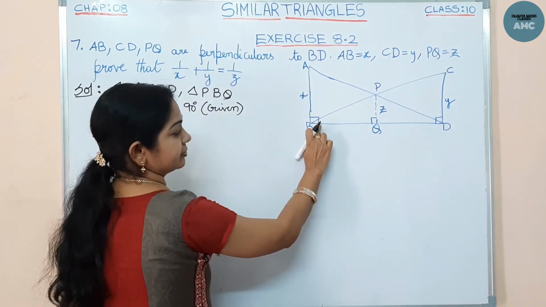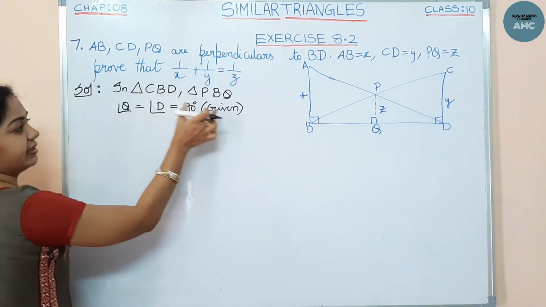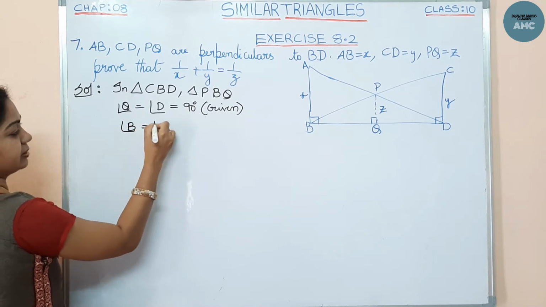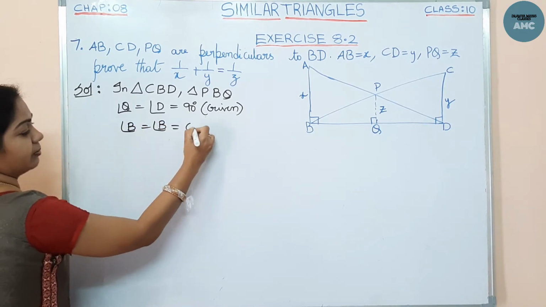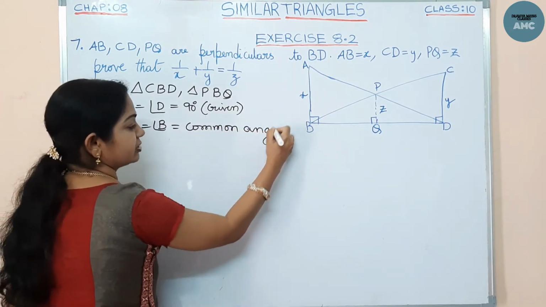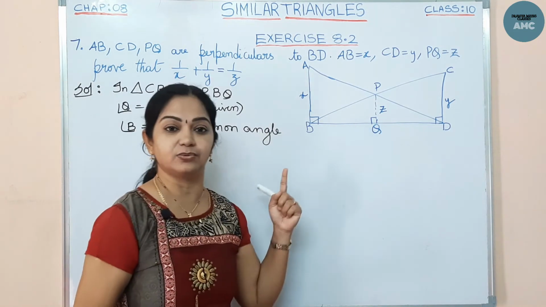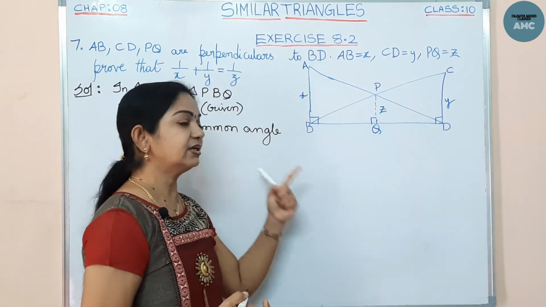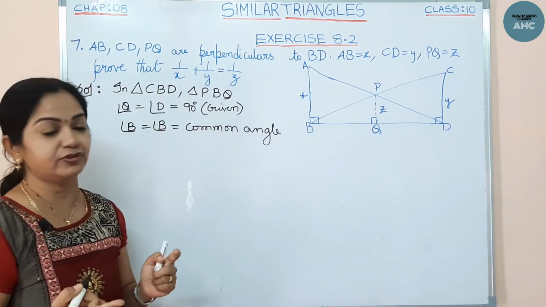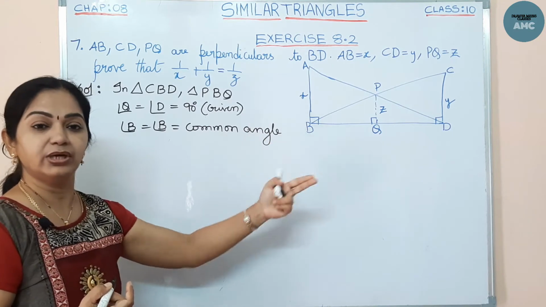Right. Now this angle B is common to both the triangles, the CBD triangle and the PBQ triangle. Angle B is common to both the triangles, right? So two angles are equal. Now the third angle is naturally equal because of the angle sum property of triangles. So if two angles are equal, the third angle is also equal.